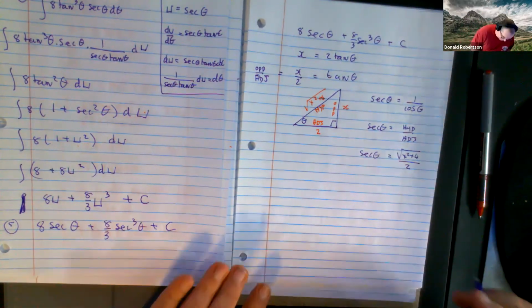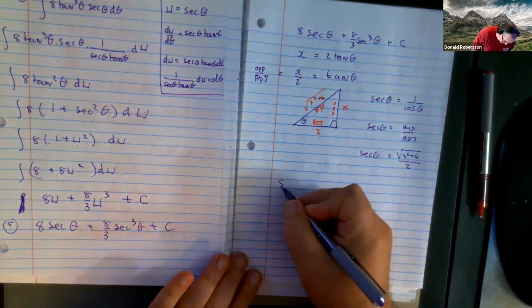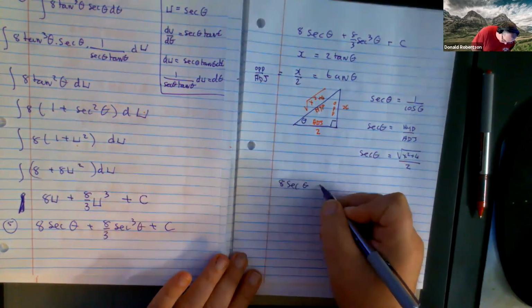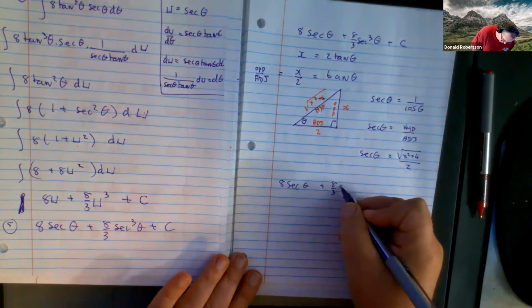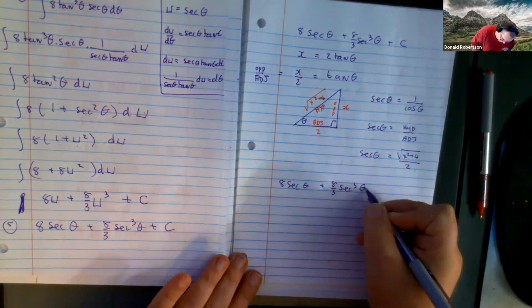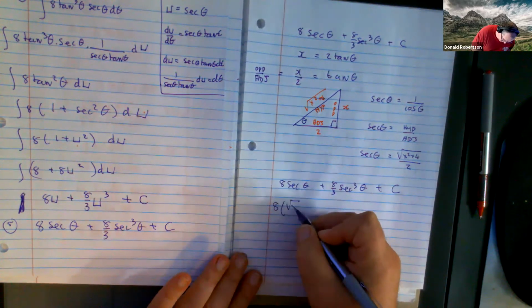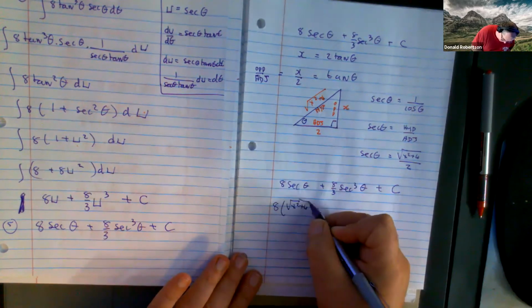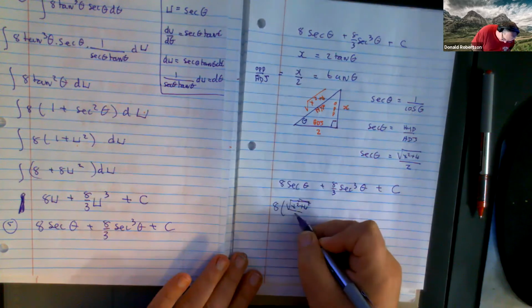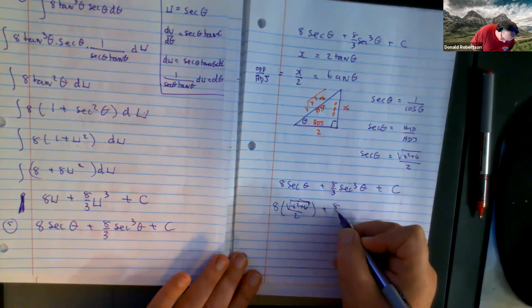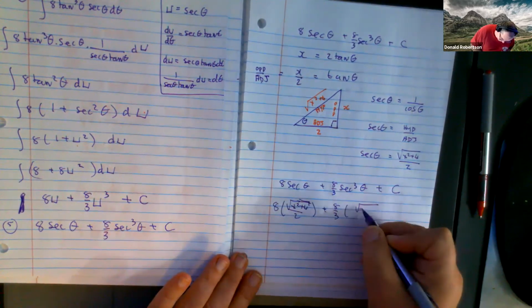And so our answer, which was 8 secant thetas plus 8/3 secant cubed thetas plus c, becomes 8 lots of this guy plus 8/3 of this guy cubed.